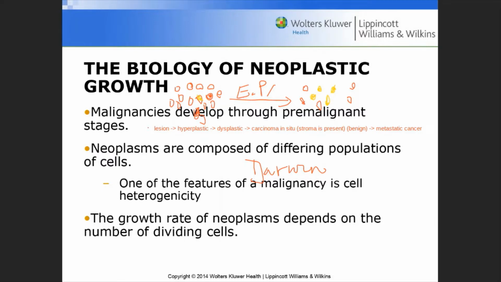You have the diversity there first, and the environmental pressure then selects out those that do not survive in this environment, but those that can survive will proliferate. Here you can see that the yellow ones or the orange ones proliferate.